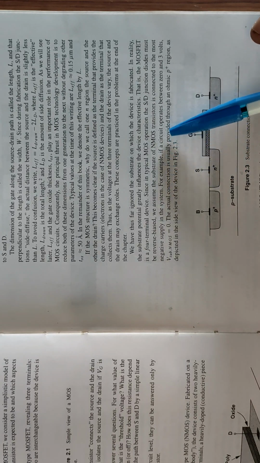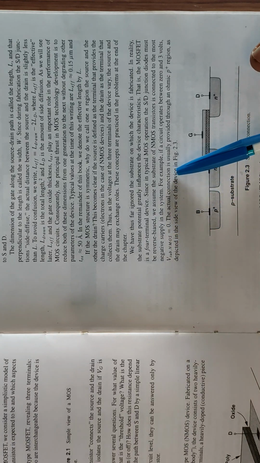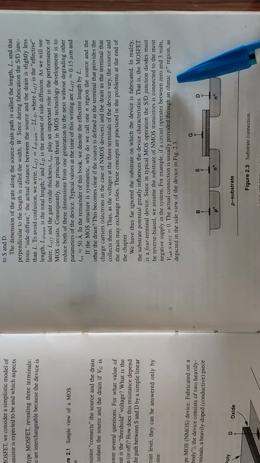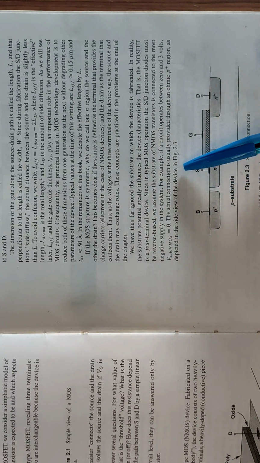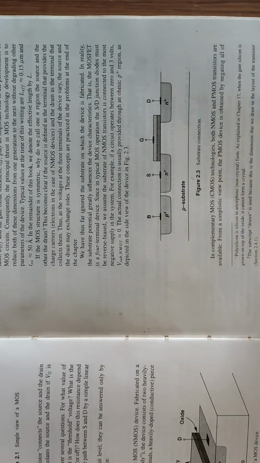For example, if a circuit operates between 0 and 3 volts, V sub for NMOS is equal to 0. The actual connection is usually provided through an ohmic P+ region as depicted in the side view of the device in the figure. Here you can see the figure, substrate connection.